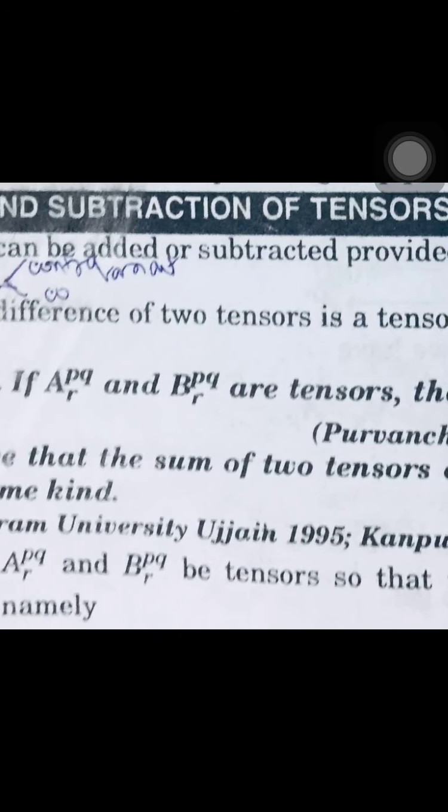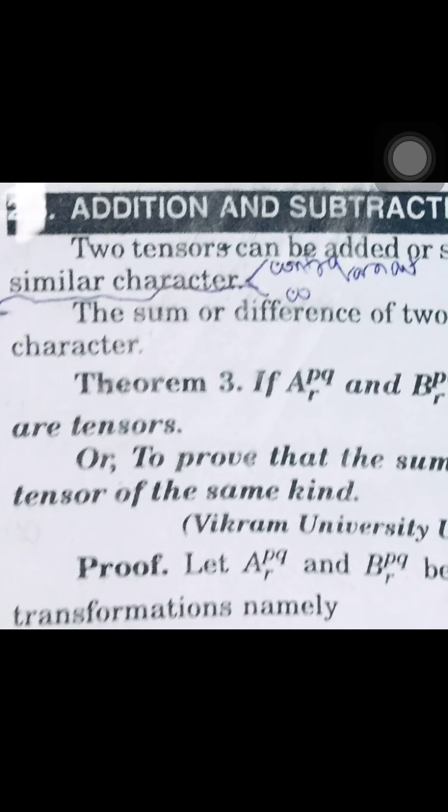And the second thing is that they are of similar character. What is the meaning of similar character? Either they are both covariant, or both contravariant, or tensors of lower indices or upper indices, or mixed order tensors can also be considered.